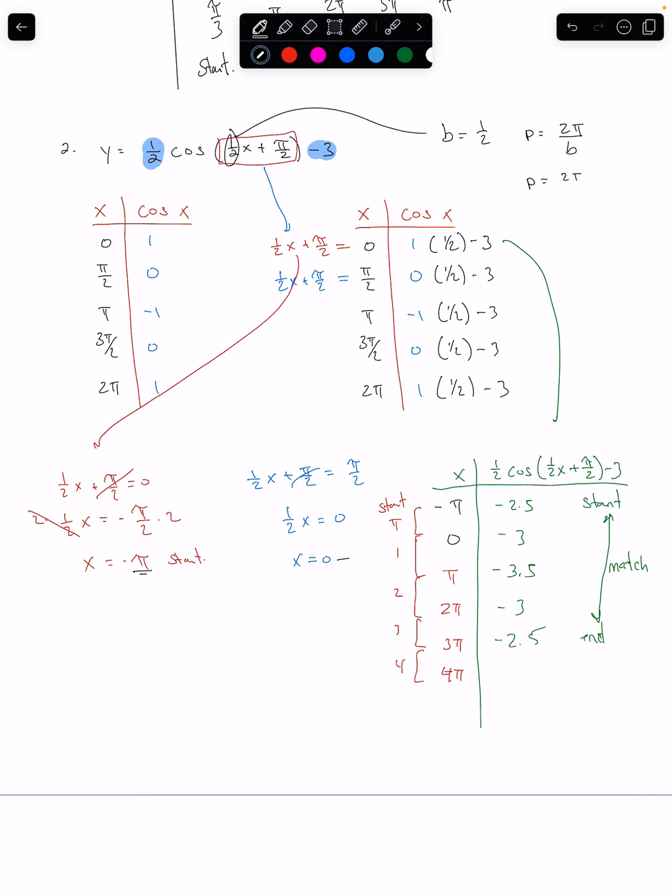So your period is equal to 2 pi over 1/2, which is just 4 pi. And if you notice, your period is 4 pi. Right, so you start and you finish at 4 pi. So 1, 2, 3, 4 pi.